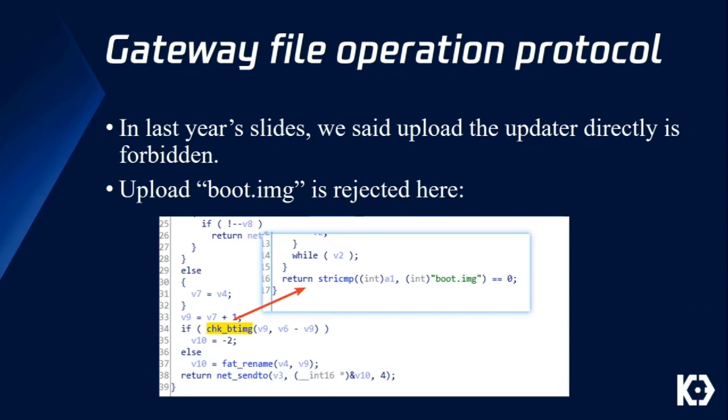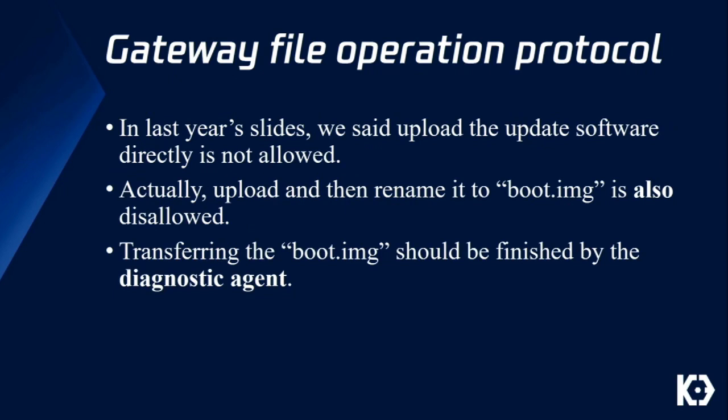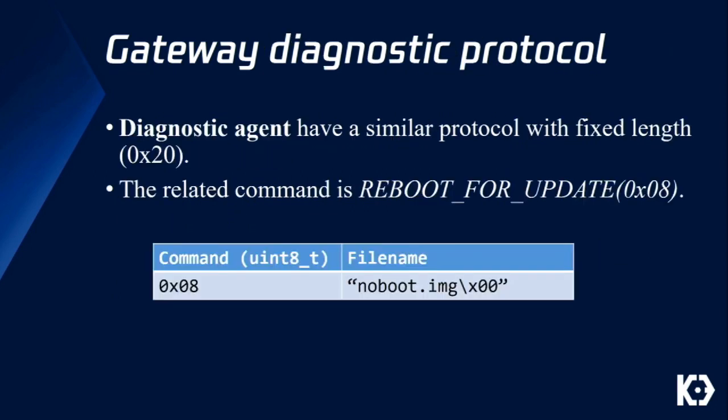So how can you transfer a boot image to it? This should be done by the diagnostic agent. The diagnostic agent also runs its own protocol, which we call the gateway diagnostic protocol. This protocol has a fixed length of 32 bytes, and the related command to transfer update software is reboot for update.